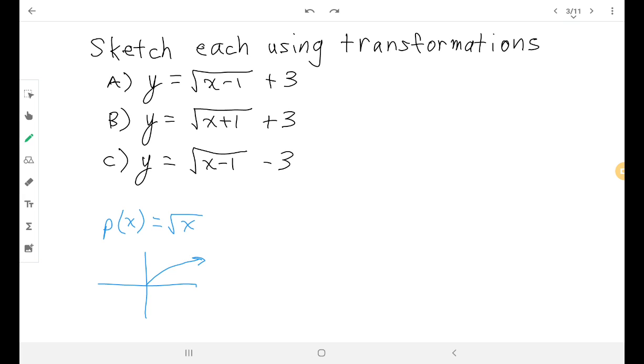So the basic rules look like this. I'll write them down here.